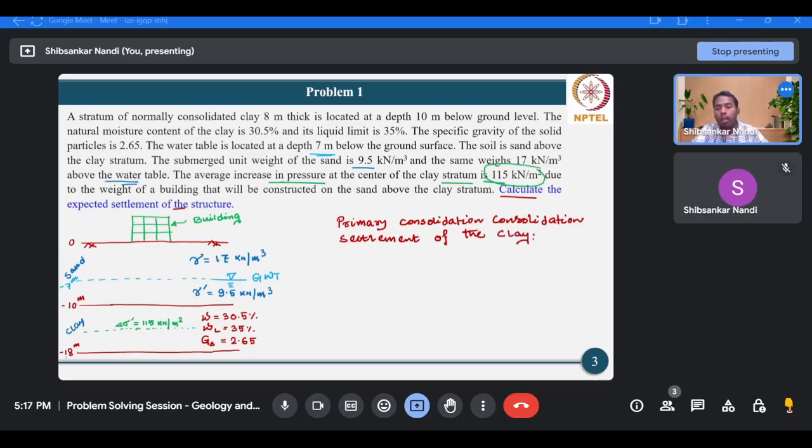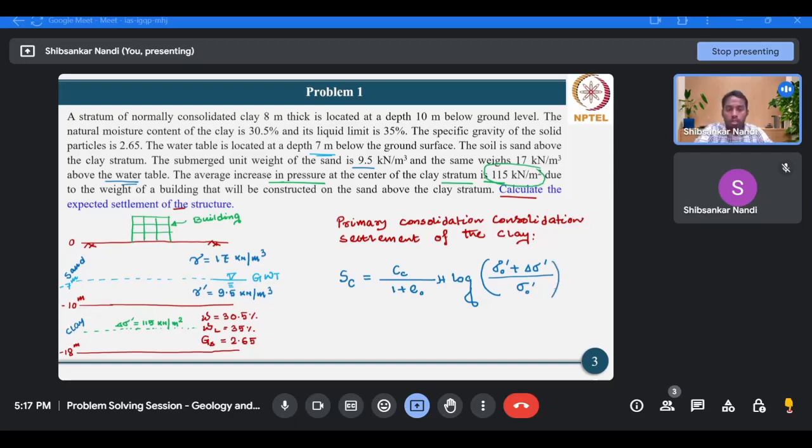Now, how can we calculate this primary consolidation settlement of the clay? We can calculate it from this formula: delta C equals Cc divided by 1 plus e0, multiplied by H, multiplied by log of sigma 0 prime plus delta sigma prime divided by sigma 0 prime.